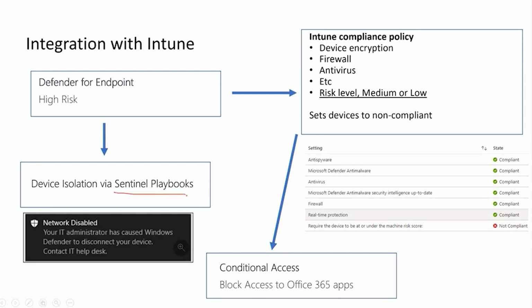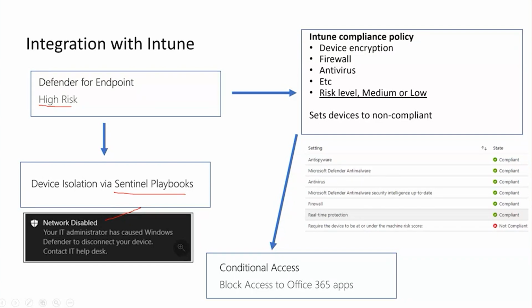As you can see in here, Sentinel is the SIEM solution, and then we can have playbooks. By the time Defender for Endpoint is talking to Microsoft Sentinel, and if the device is high risk, or whatever the condition I have set, we can do something brilliant. We can basically kick that device out of the network.